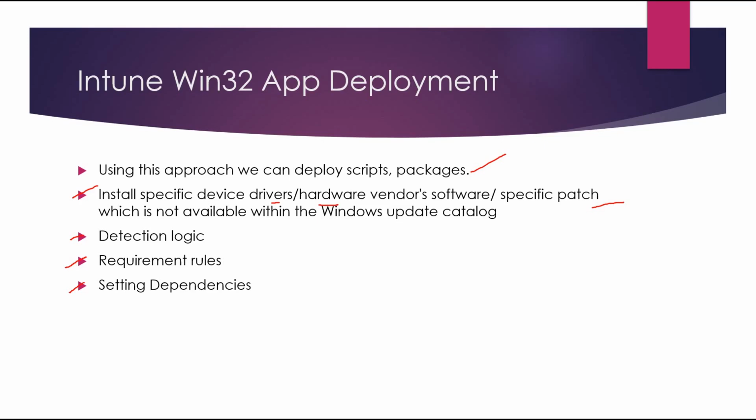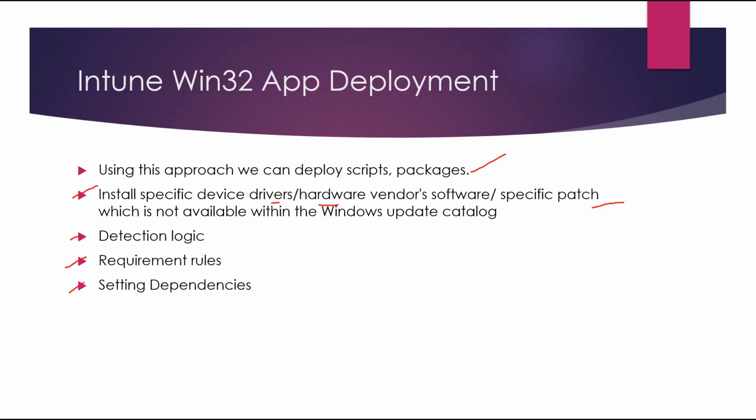So if we had 4 configuration profiles, we inherently don't have the option or ability to say that, you know what, out of these 4 profiles, first the device configuration profile should go, and then the SCEP profile, and then the trusted profile should go, and then the Wi-Fi profile.